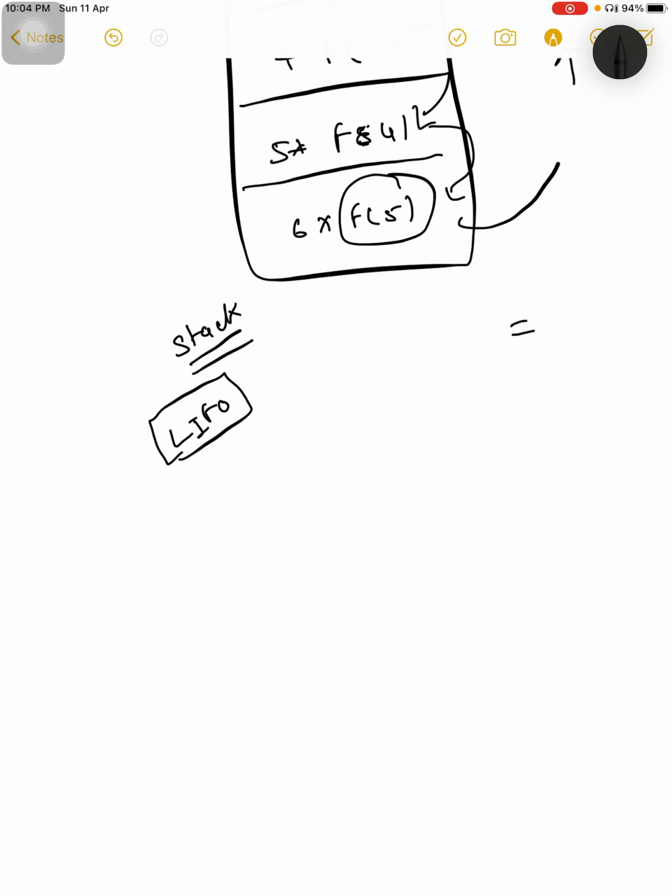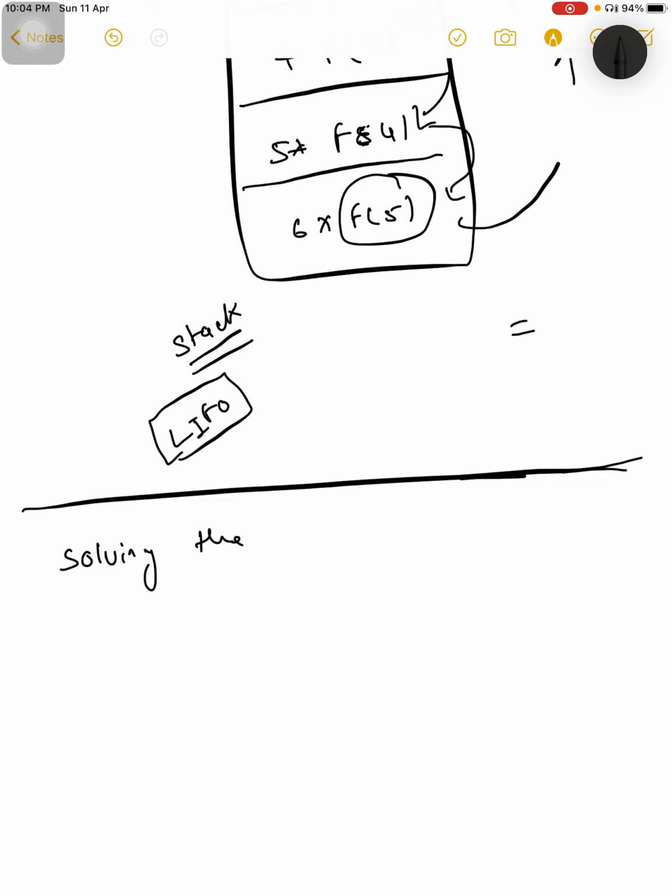Recursion can also be defined as solving a big problem in terms of small problems.